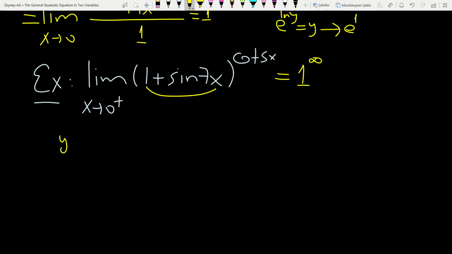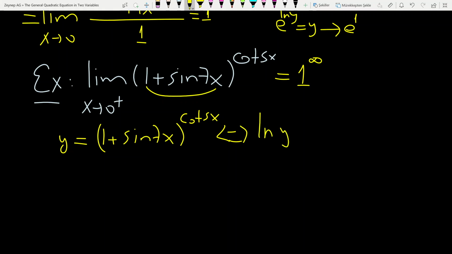So the first step is to give a name to the function, right? Let's say y is (1 plus sine 7x) to the power cotangent 5x, right? Then you take ln of both sides. ln y is equal to cotangent 5x times ln of (1 plus sine 7x).